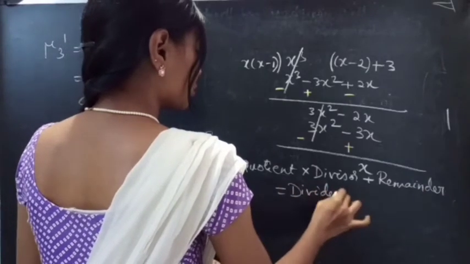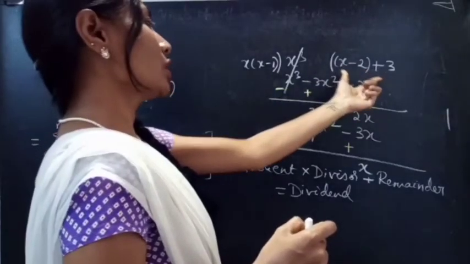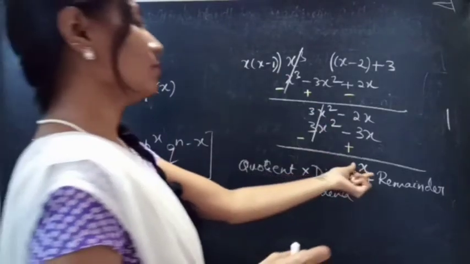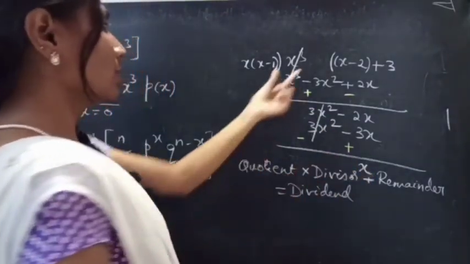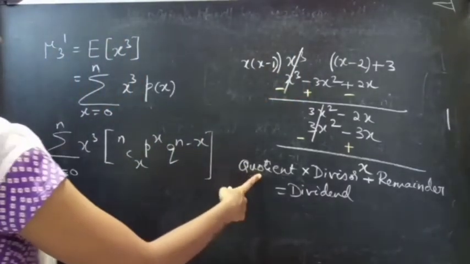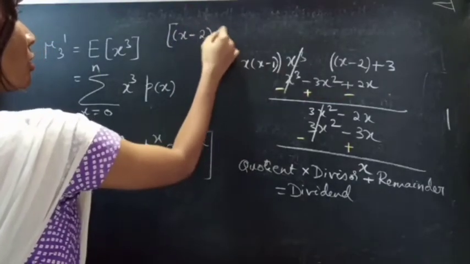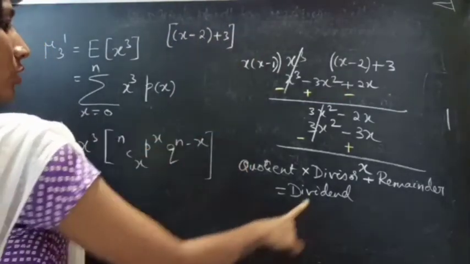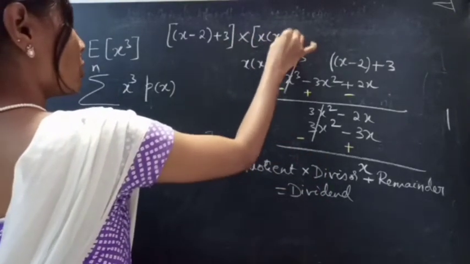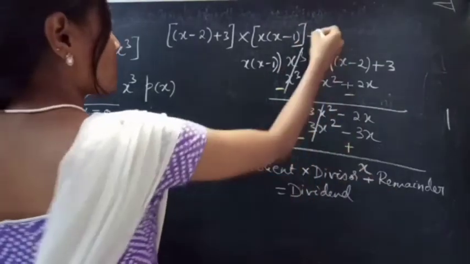If we multiply quotient by divisor and then add the remainder, we have to get the dividend x cube. So let's see. What is the quotient here? x minus 2 plus 3. And your divisor is x into x minus 1, plus remainder x.